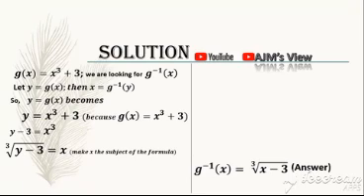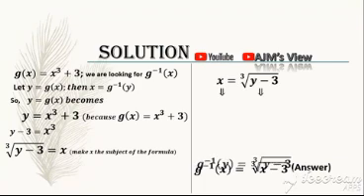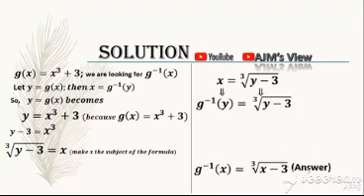When we swap the sides, we have x equals cube root of y minus 3. And do not forget that initially we have x equal to g inverse of y on the second line. So that implies that g inverse of y equals cube root of y minus 3.